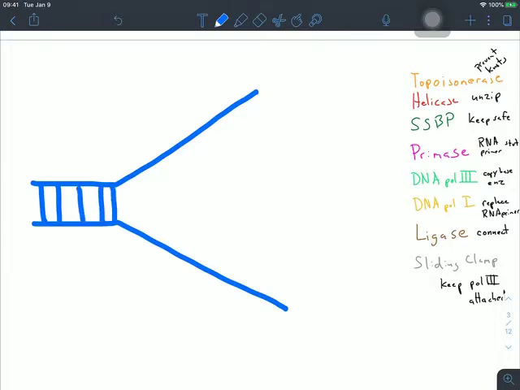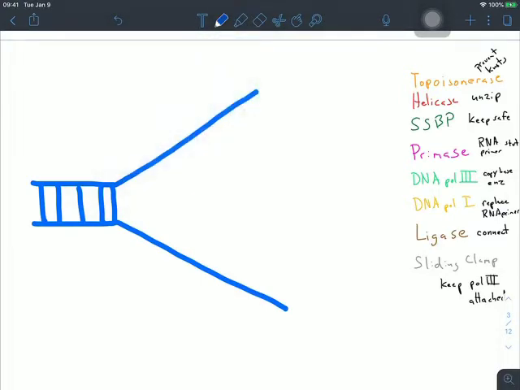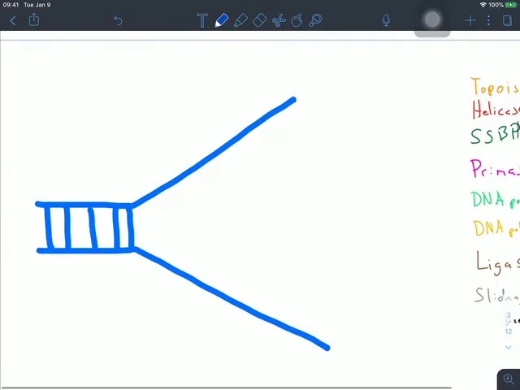Now, in terms of directionality, we will label each side of our DNA strand with the 3' end up here, therefore the 5' end down here. And if this is the 3' side, that means that this has to be the 5' side, and this is the 3' side down here.